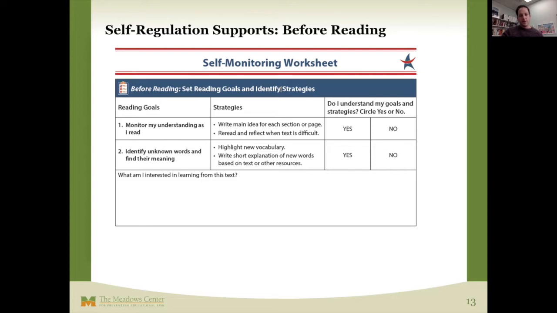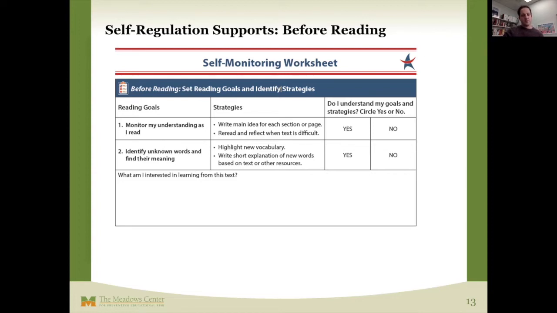So here you can see that we are providing the goals and the strategies for students, but over time, we shifted that responsibility to students. The second goal is around vocabulary, and it's identifying unknown words and finding their meaning.